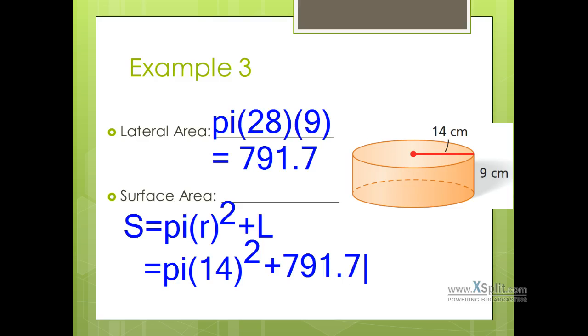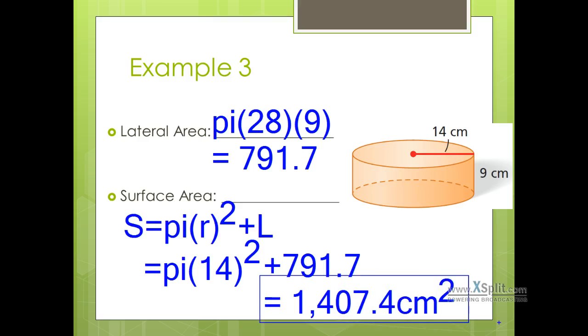Tossing that all into my calculator, 14 squared times pi plus 791.7 is equal to an overall 1,407.4 centimeters squared for our surface area using those formulas.